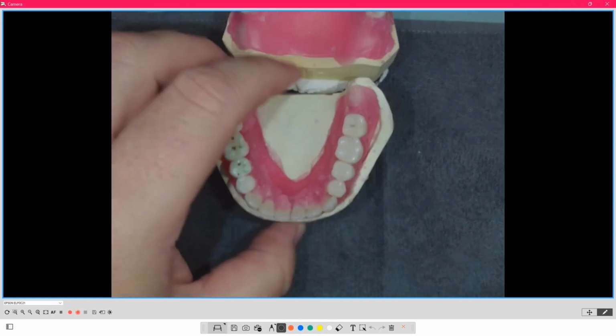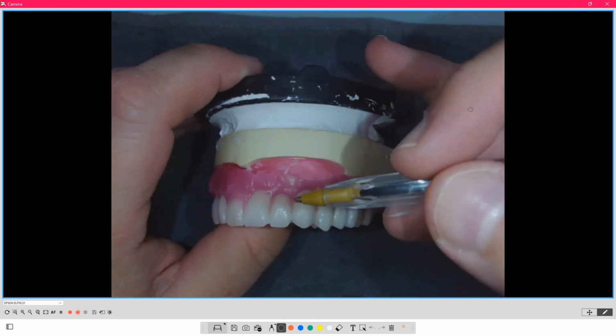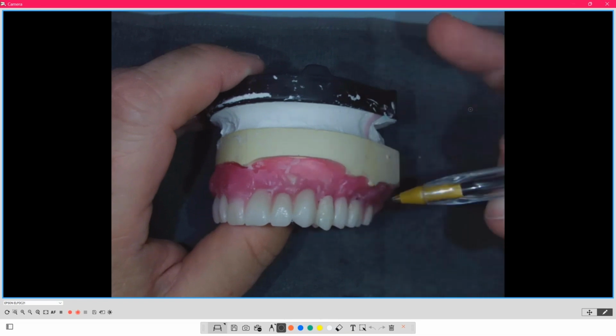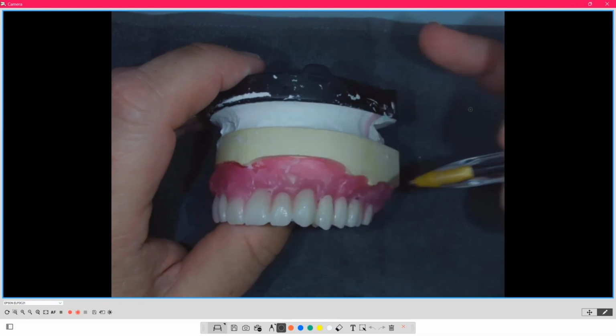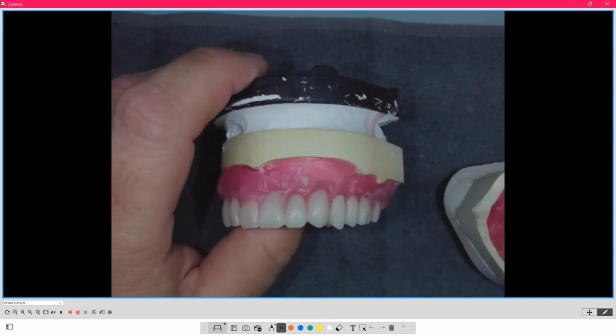Awesome. So the next question that I have is from a doctor, and they said that they have a patient with a complete upper denture, but lower natural dentition.